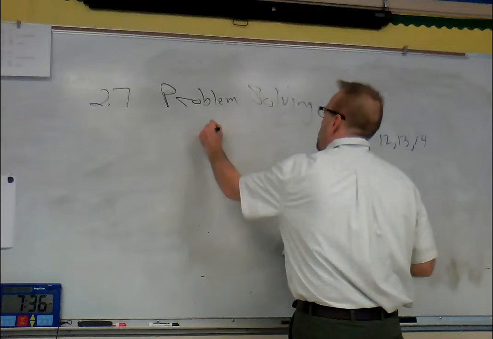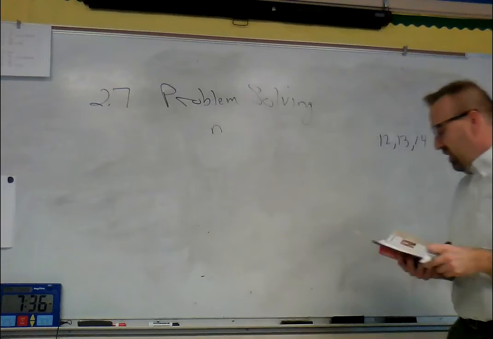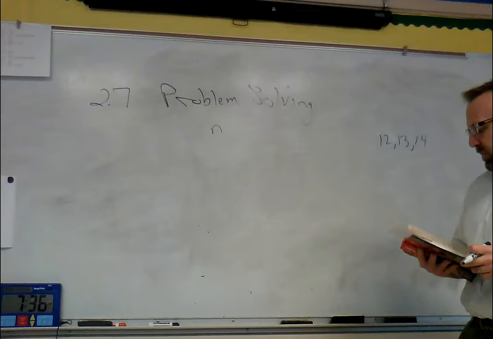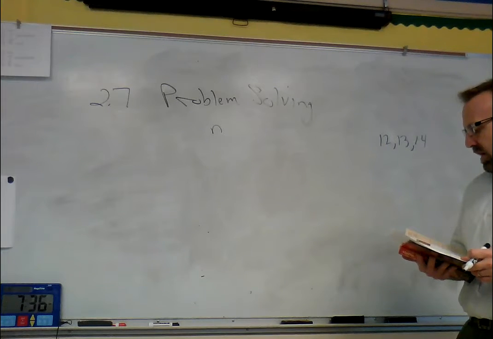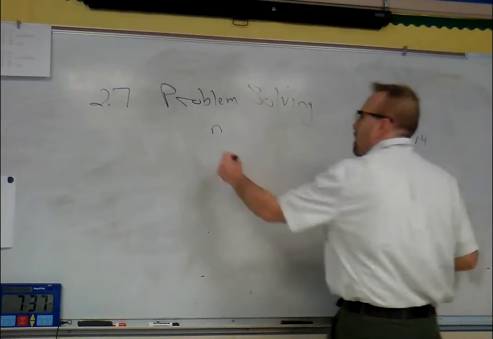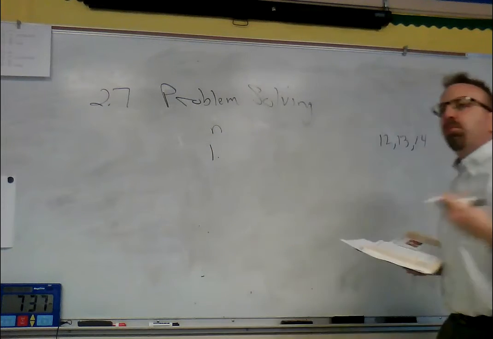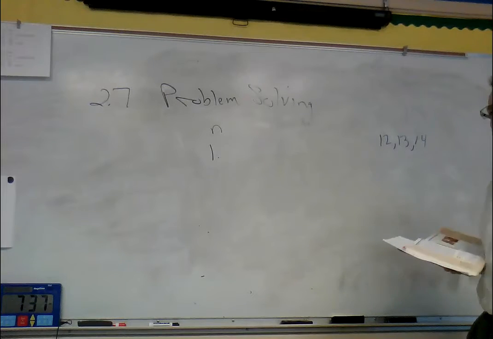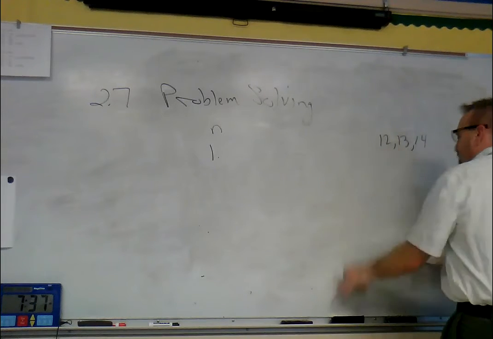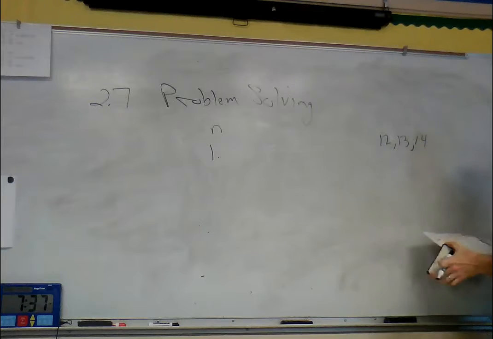So I would probably start there. Write the next 3 integers. So this one has 3 parts. Write the next 3 integers in natural order after n. So what's the next integer after n? How much bigger would it be? Let's think about if we had the number 12. How much bigger was the next number?